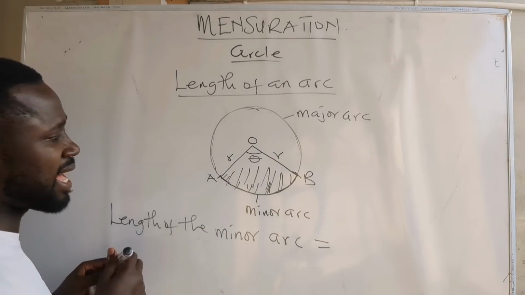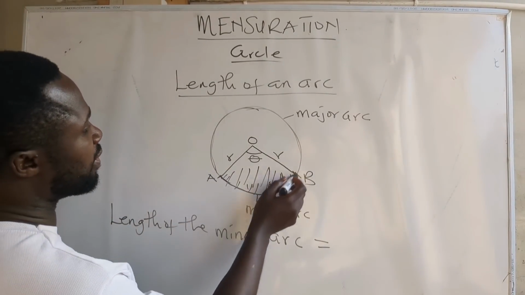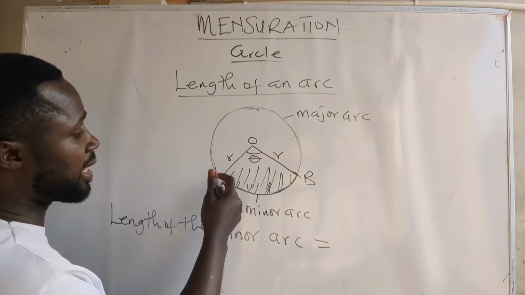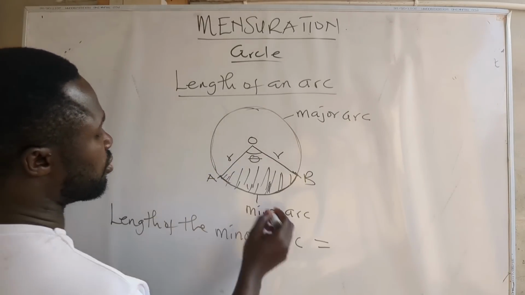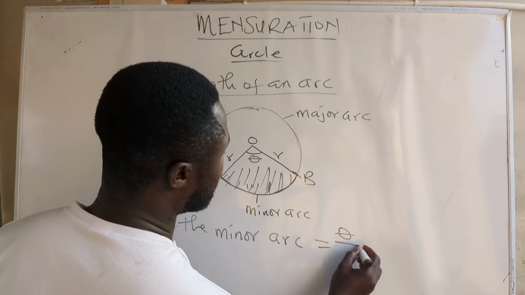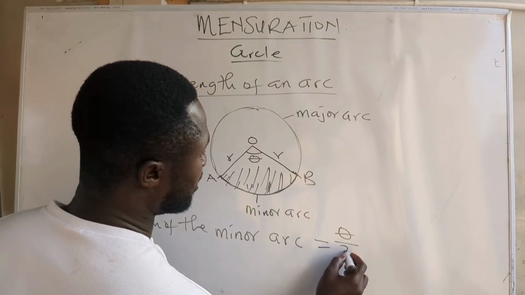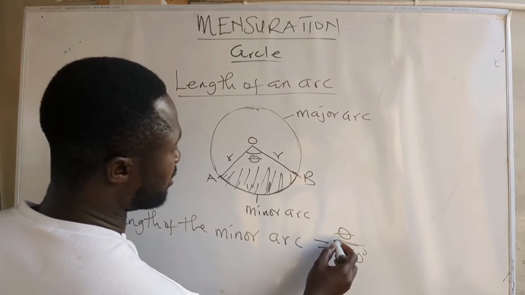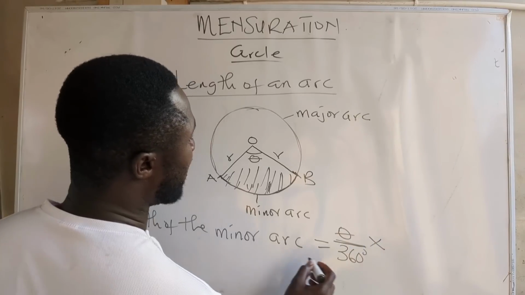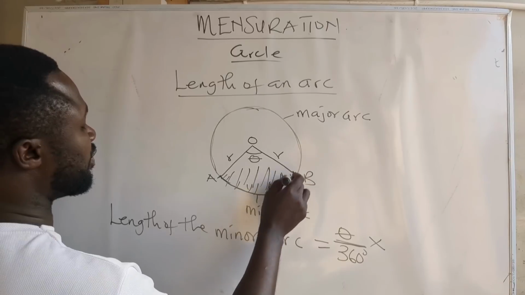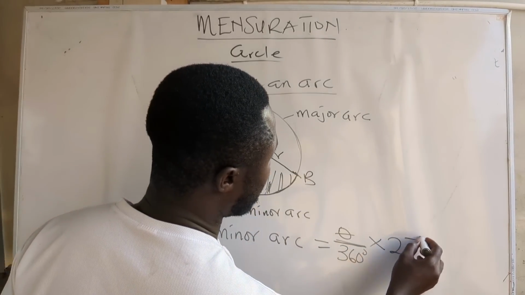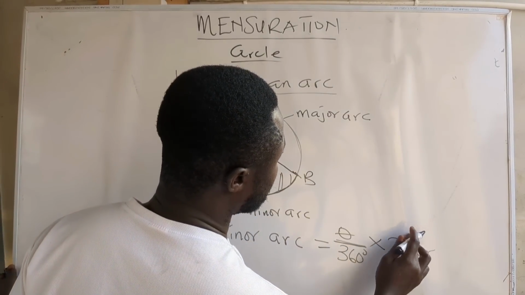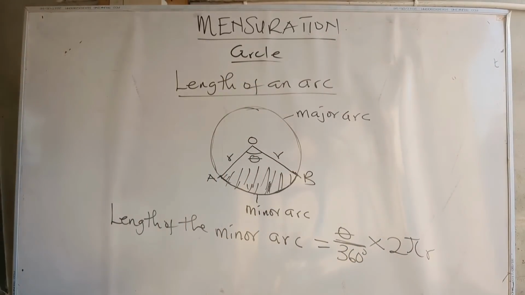So since the arc is a portion of the circumference, I will take the angle the arc subtends at the center, divide by 360 degrees, that is the total angle of a circle, and multiply by the circumference of the circle, that is 2 pi r.